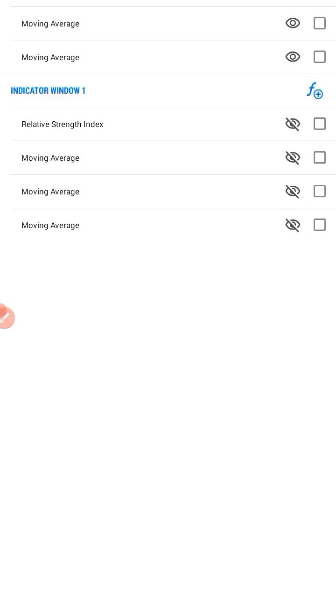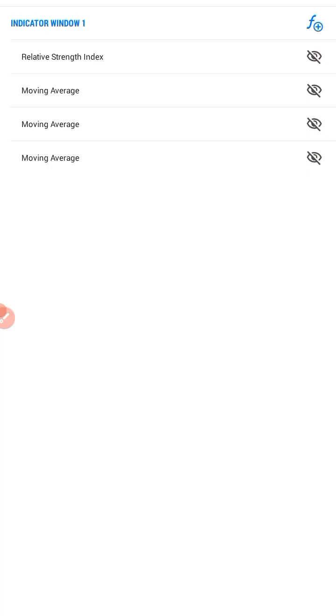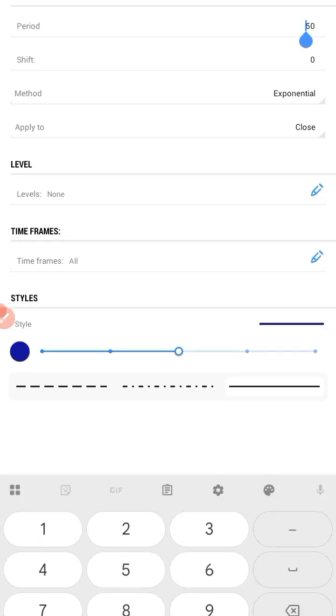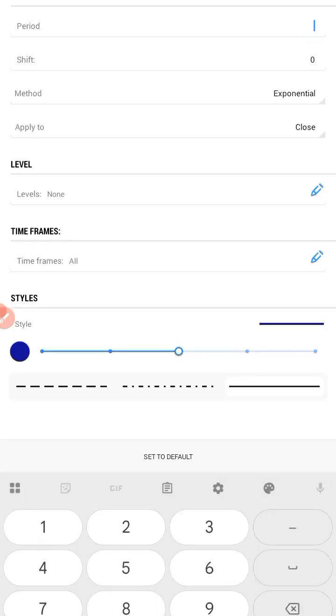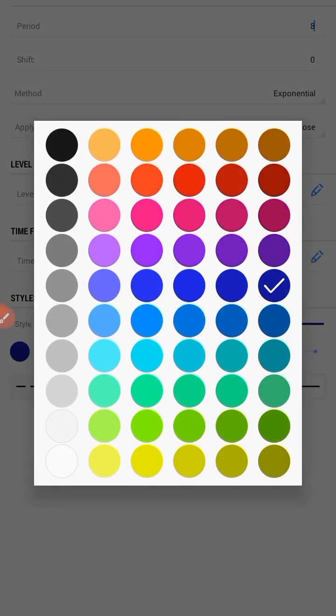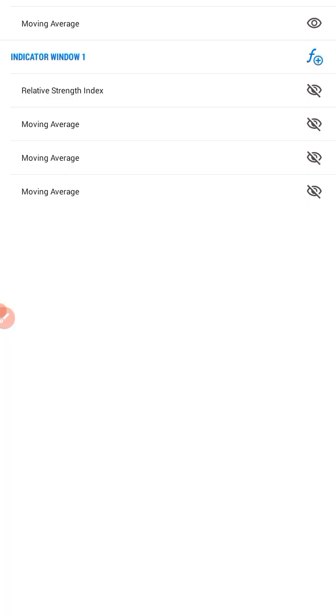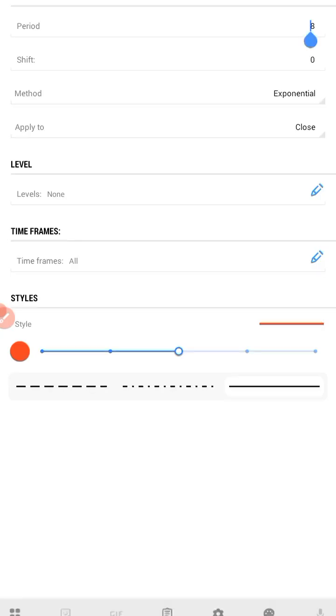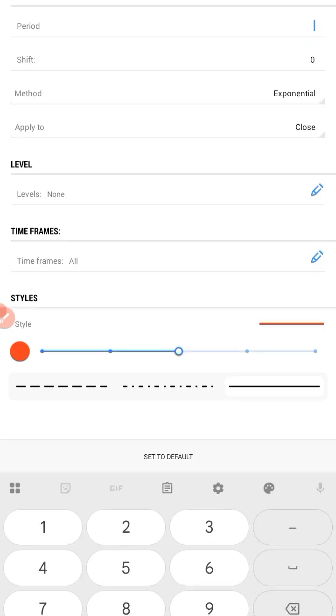Let's do this. Watch me gradually. I'm going to put not many of them. I want to start with the 8 moving average. I'll make it red. And then the next moving average, I'll make it 9.